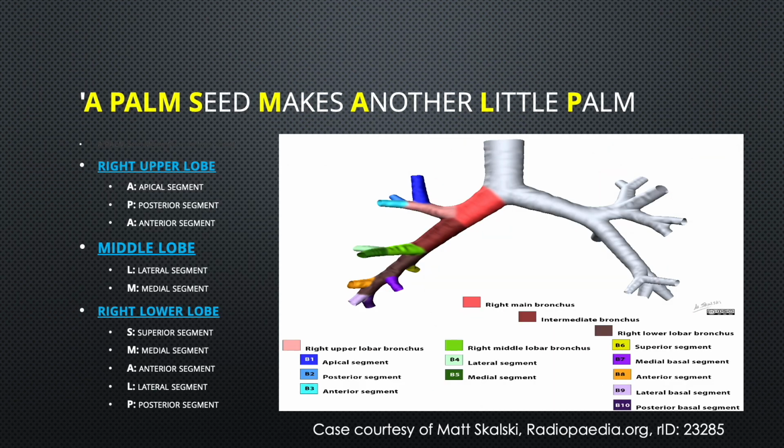And at this point of time, let's remember again that on the right side you have a very easy, simple mnemonic, a very common mnemonic. It's not what I have made. It's called a palm seed makes another little palm.